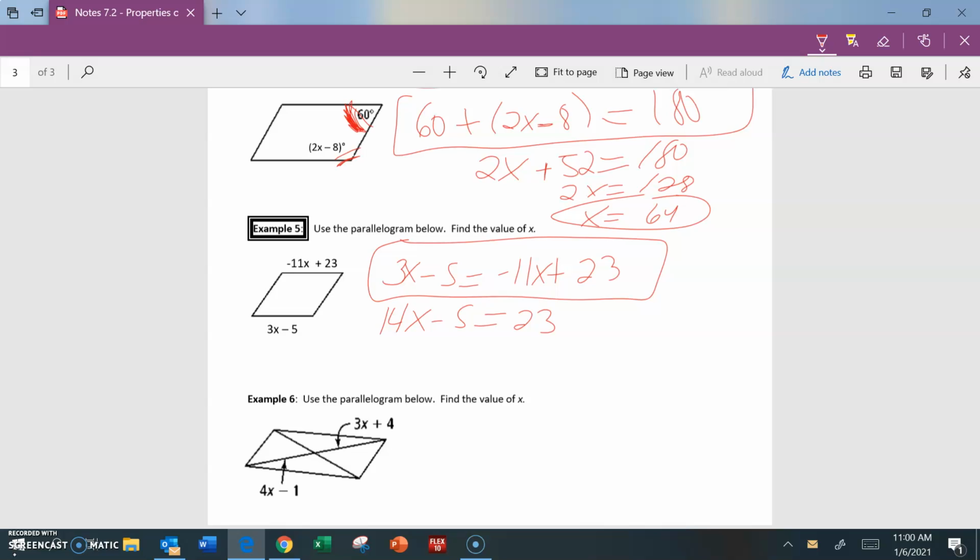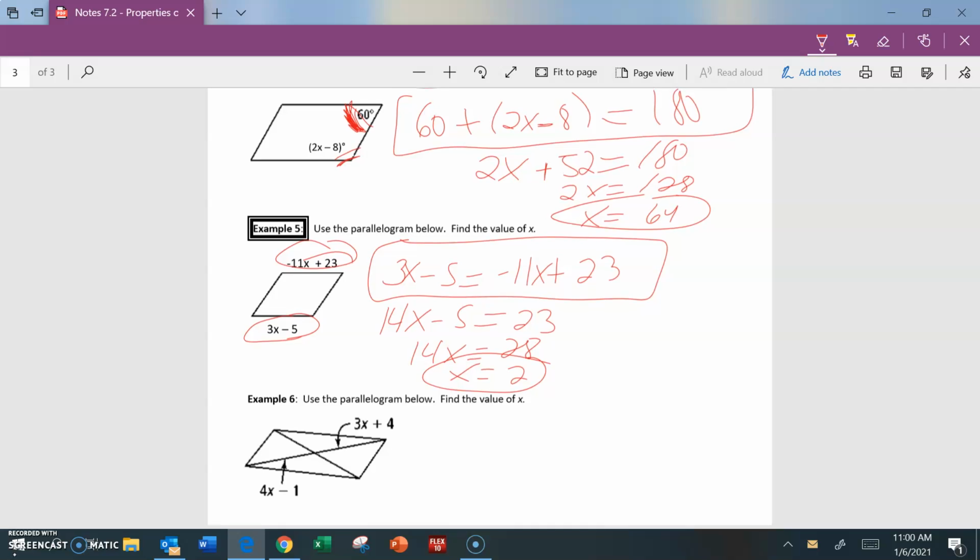Then I would add 5 to get 14x equals 28, and therefore x is equal to 2. That's all it asks for. Now we can check it by plugging 2 back in. So 3 times 2 minus 5 is 1, and then checking it up here. So you can plug it back in and make sure that those values are equal, okay?